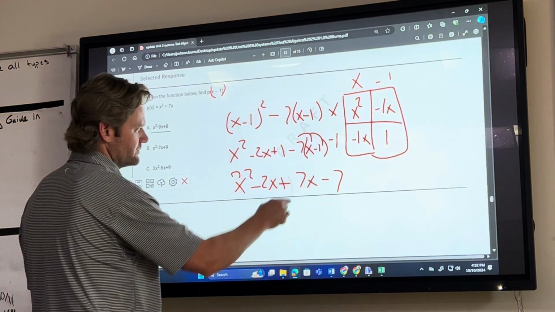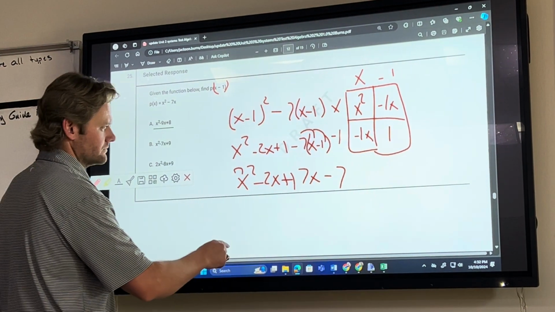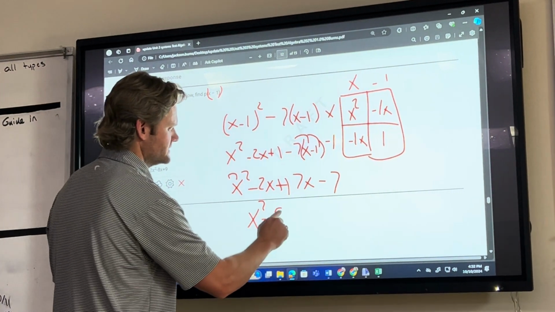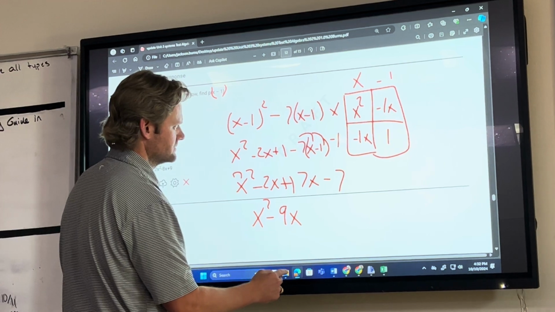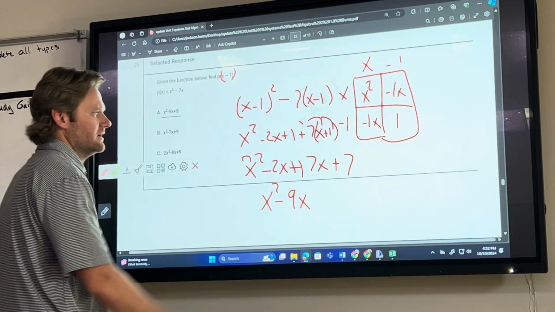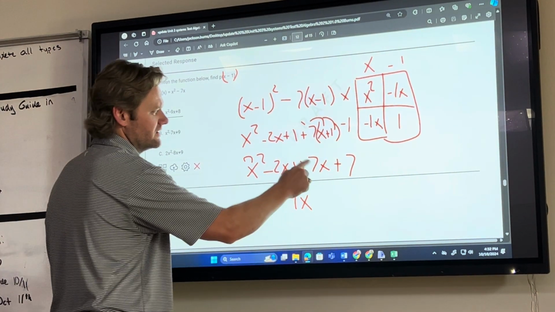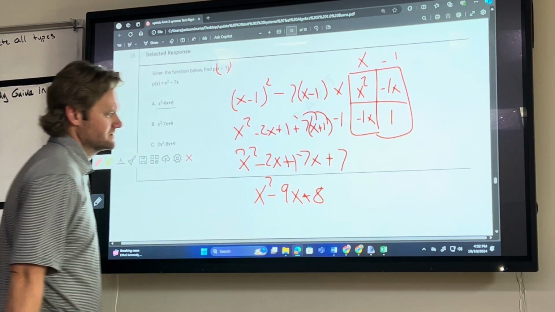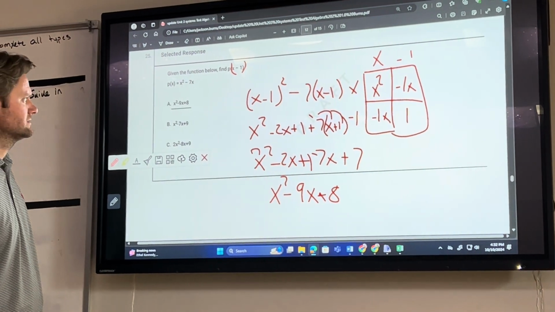Right? Where's my plus 1? Did I do this right? So I get x squared minus 9x. It's a negative 7, so that becomes a positive 7. I like to distribute the negative, so I don't do that and mess up my signs. So I do get plus 8.